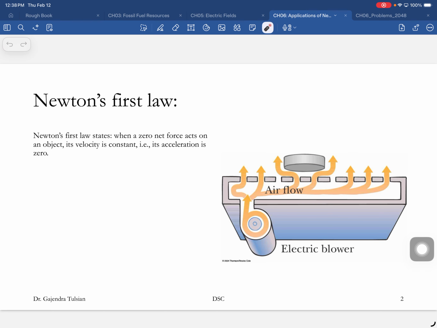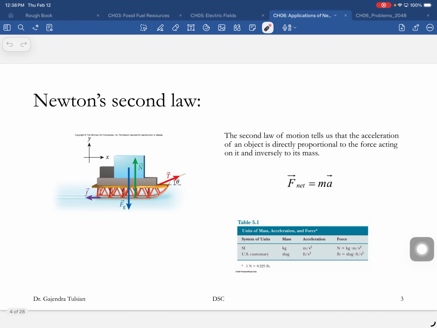Okay, so when the net force acting on an object is zero, its velocity is constant. That is, its acceleration is zero. Newton's second law states what happens if you apply a force, if the net force is not zero. Okay? So if you have a non-zero net force, then the object will accelerate.